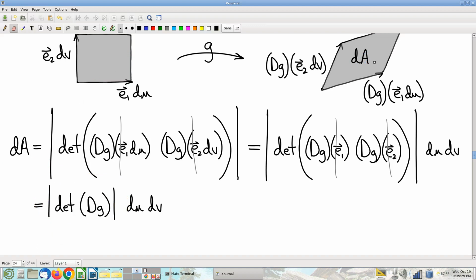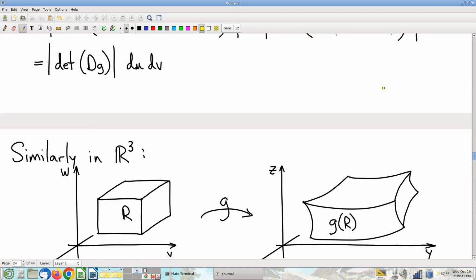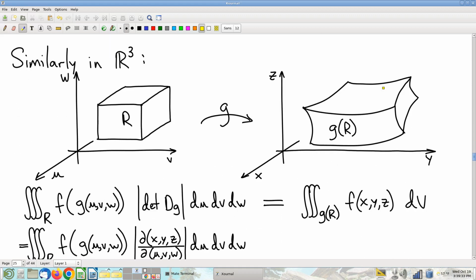Alrighty. So, what about 3 dimensions? Every example we've done so far, the theorem that we stated previously, has been two-dimensional change of variables. So, what if you have a 3-dimensional circumstance? For example, maybe I have this horrifying domain here.